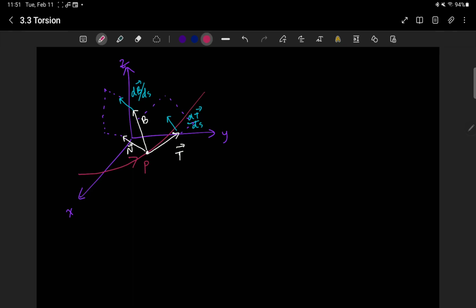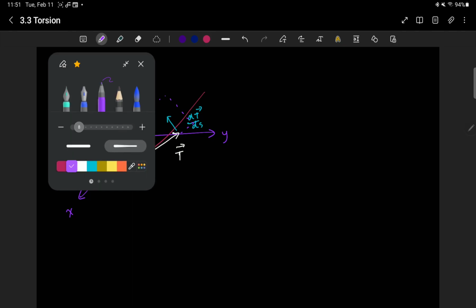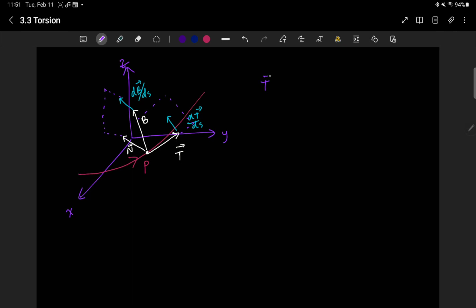What we have so far in terms of results is that we defined this T vector, your tangent vector, which is the unit vector in the direction of the derivative of the position vector. Using this tangent vector, we defined the curvature, given by kappa, which is dT over ds.